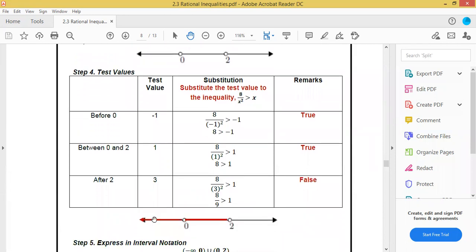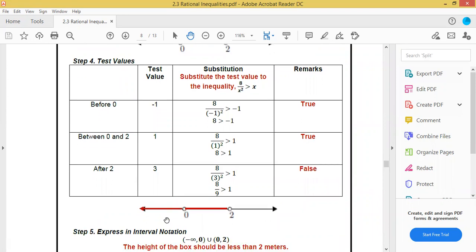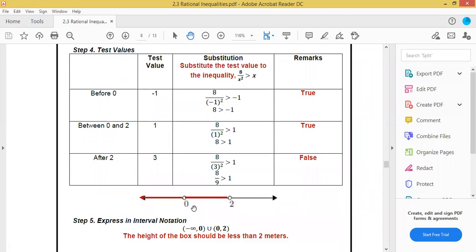So we will have these shaded portions. But since this is not a continuation, since 0 is not included, then we write it this way. Negative infinity, comma, 0, unshaded, so we'll have parentheses, union.